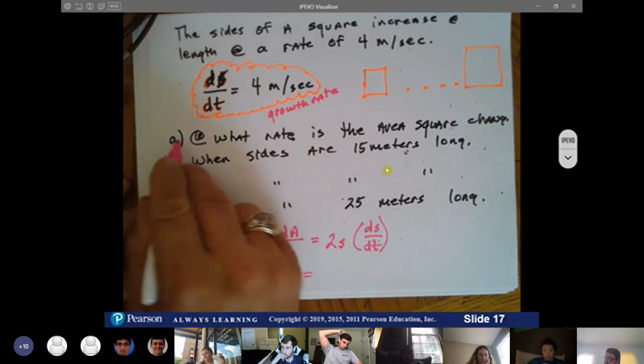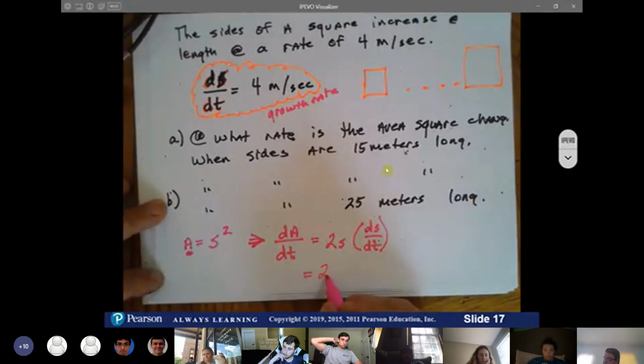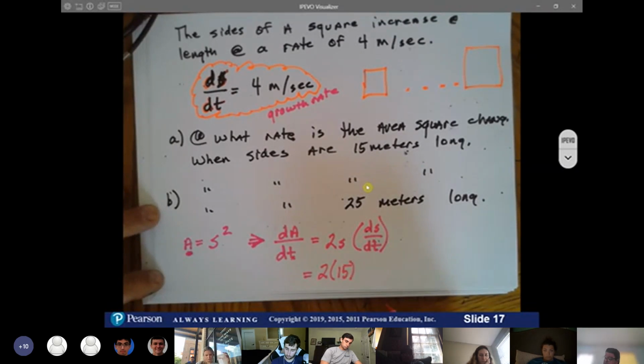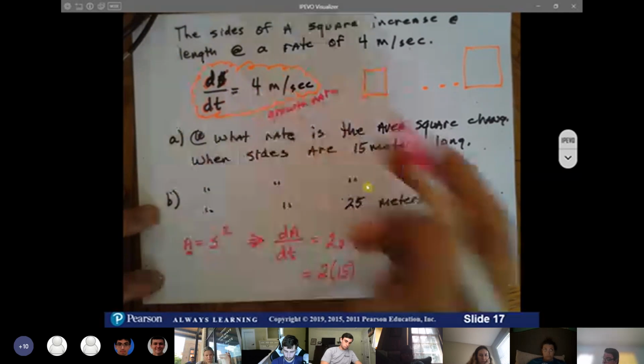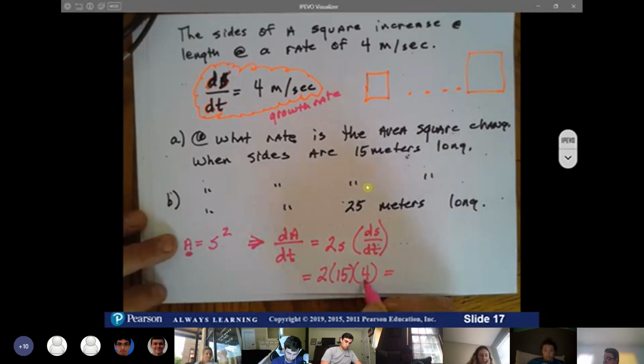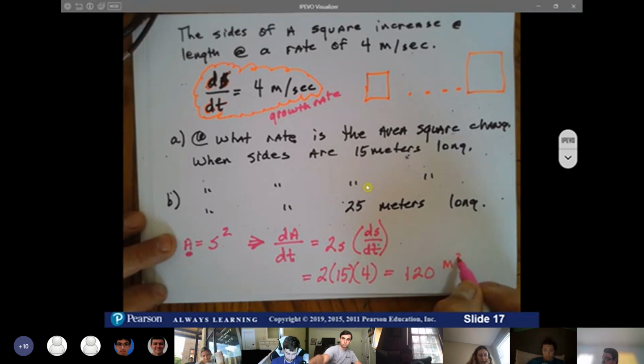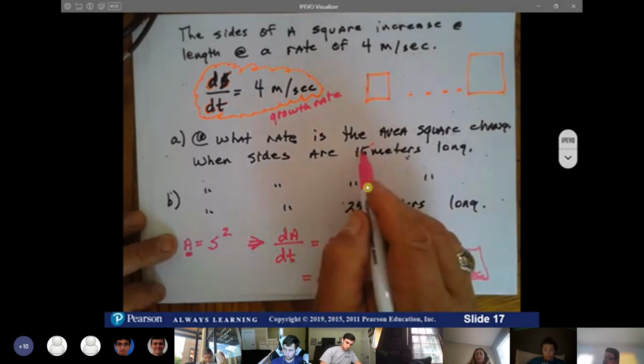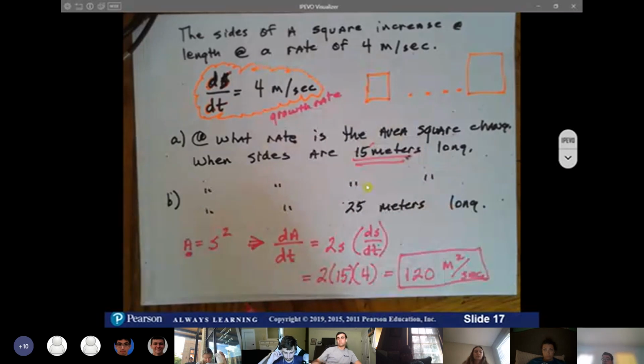So with the first one, it's going to be 2 times 15, and what is the derivative, or what is this? 4? And that's going to be 30 times 4, which is what? 120 meters squared per second. So that area is being affected in the 15 meter square at 120 meters squared per second.